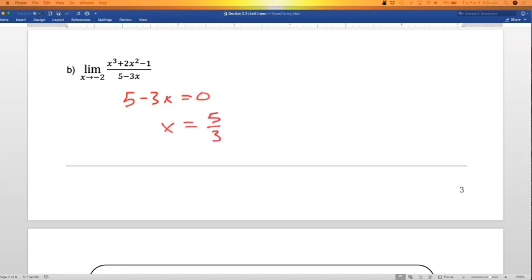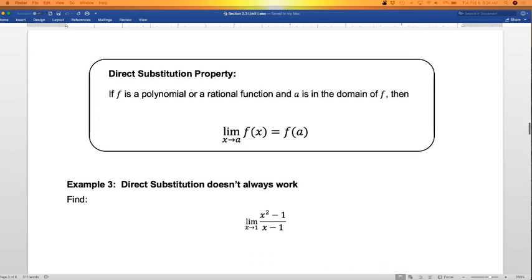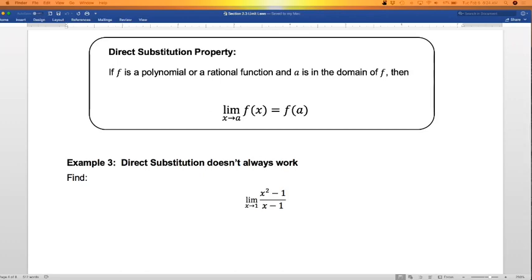That's the only number that we couldn't use direct substitution with because that's the only number not in the domain. Okay? We'd have a 0 in the denominator. Our function's not defined there, and so we have to be careful around that point. Otherwise, we can just plug the number in and see what we get out. Any questions on that?